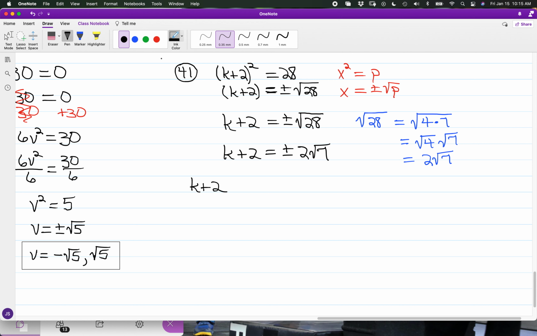So we have k plus 2 minus 2, again, so we have minus 2 situated in front of plus or minus 2 times the square root of 7.